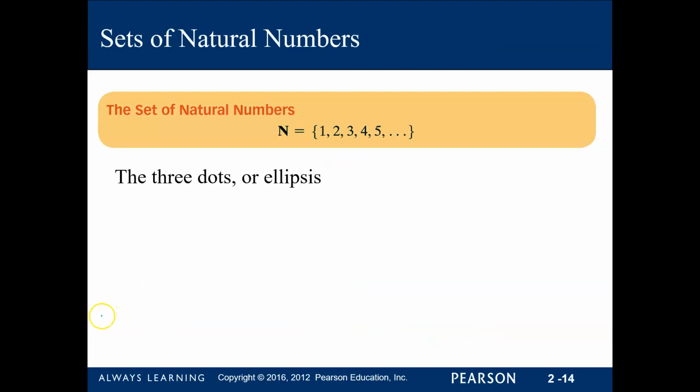All right. So we have encountered some natural numbers earlier. When we talk about the natural numbers, these are your counting numbers. When you are counting, what number do you start with? You start with the number 1. So those are your set of natural numbers. Now, the three dots, which we call ellipses, you can find in two places.